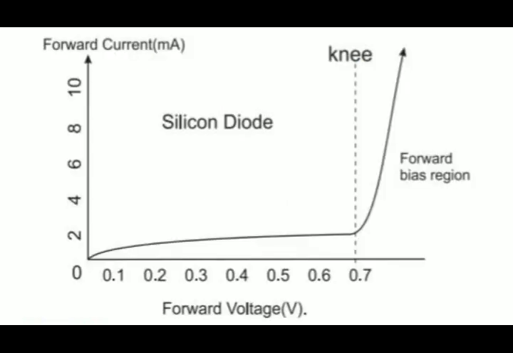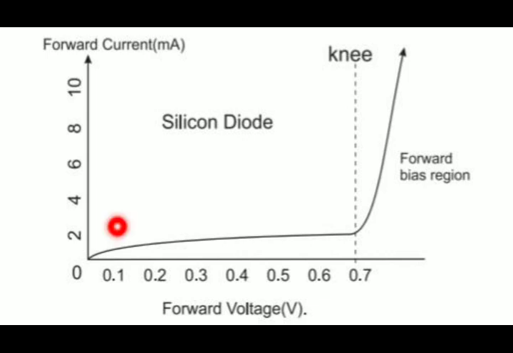See this diagram, it shows the IV characteristics. I stands for current, V stands for voltage. So IV, that is current-voltage characteristics of a forward bias diode. On the x-axis we have voltage and on the y-axis we have current.